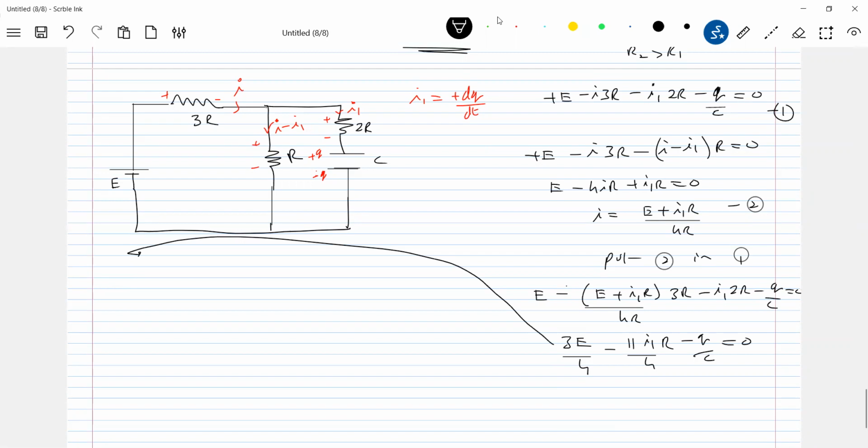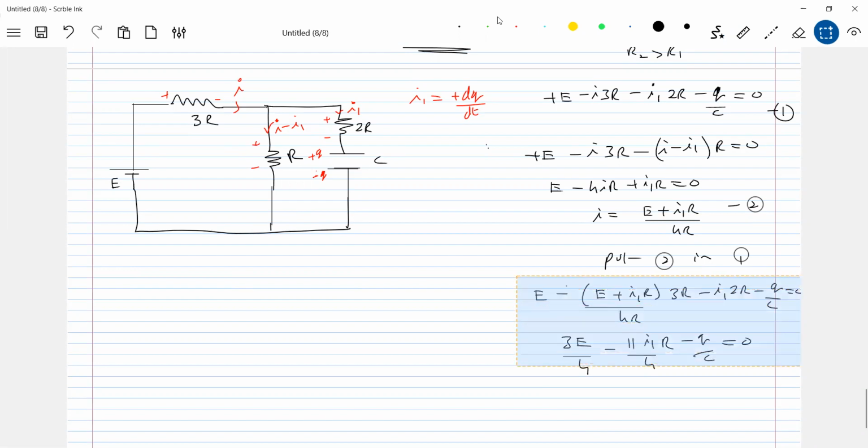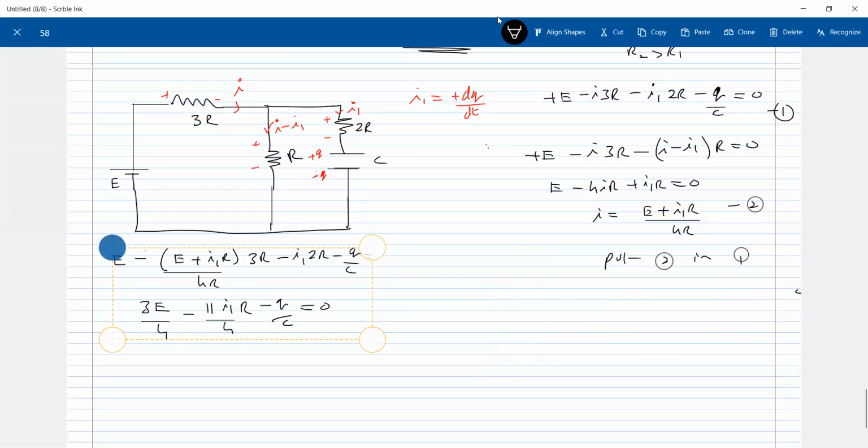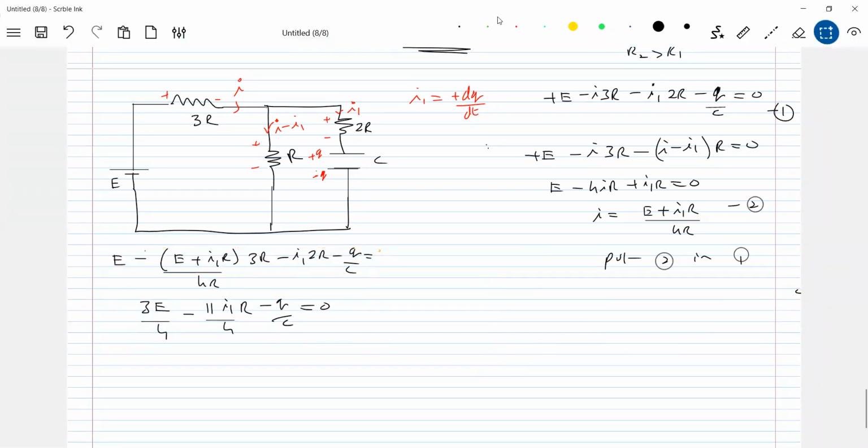I'll continue further here. Now solving this, so 3E by 4 minus 11R by 4 into dq by dt.